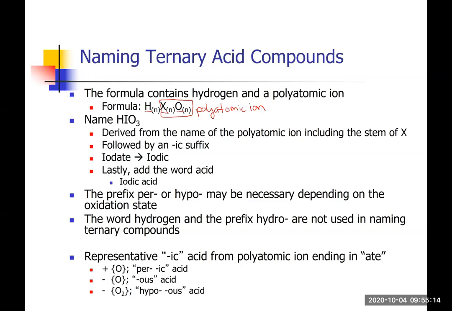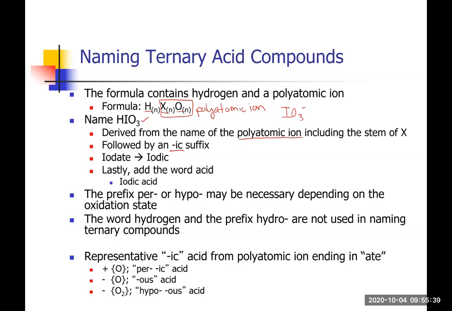So let's start with HIO3. This is derived from the name of the polyatomic ion, including the stem of X, whatever X happens to be, and it's followed by an -ic suffix. So for example, IO3⁻ is what we're looking at here with HIO3.